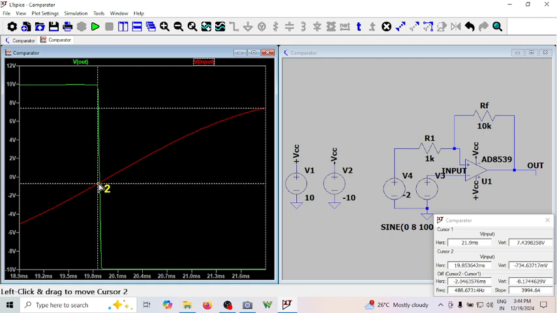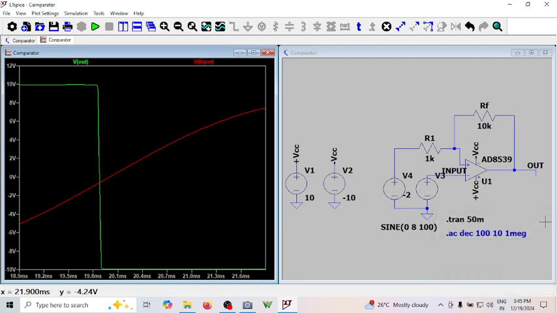Slightly go back. Okay, here, this is cursor 2. It is minus 809 millivolt. Because this is 0, this is around minus 0.8 volt. This is VTH, because output is making transition from plus V side to minus V side.